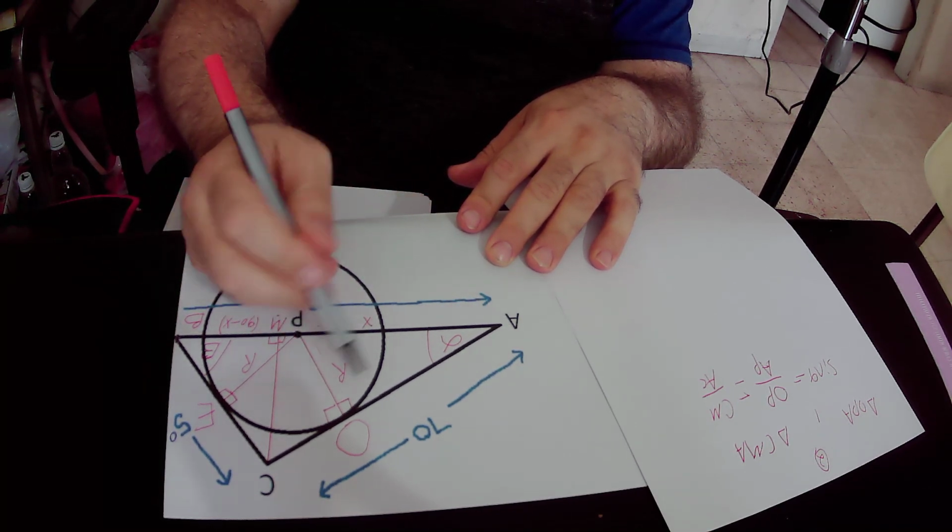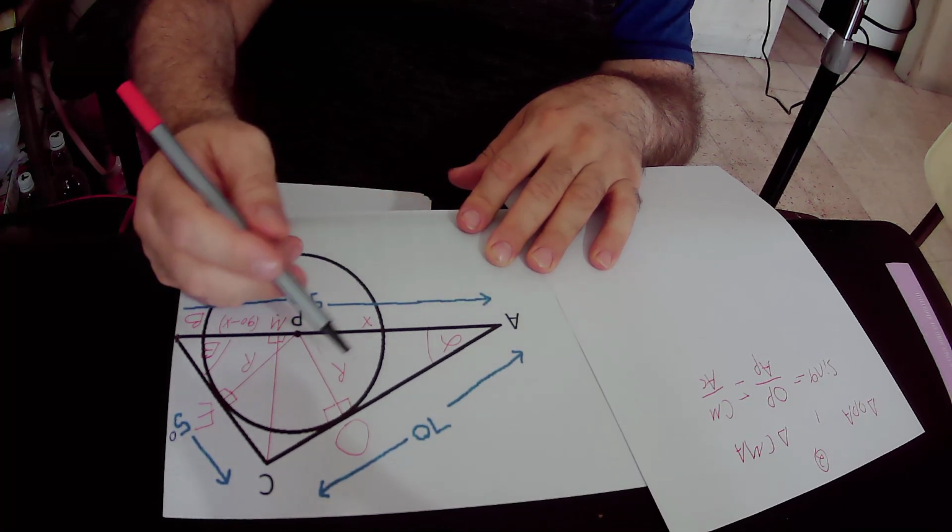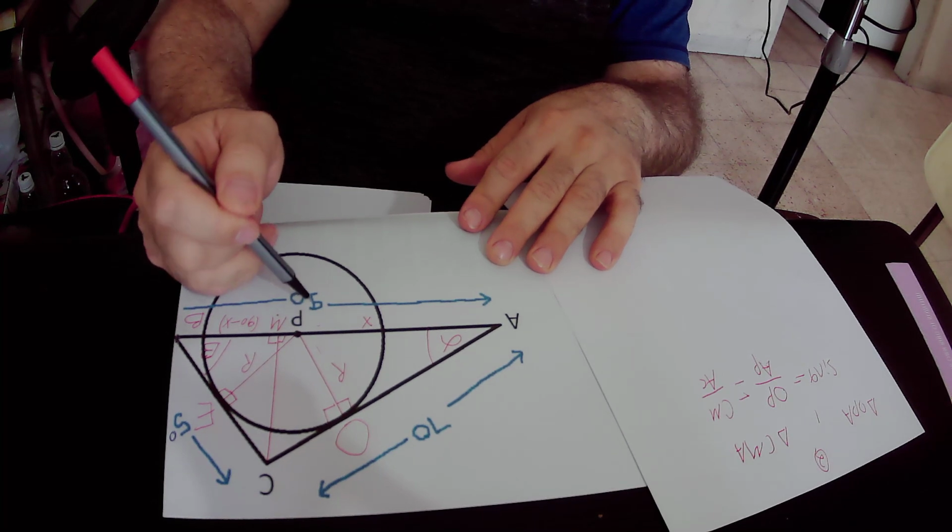That is to say, AC is the hypotenuse of the right triangle ACM.